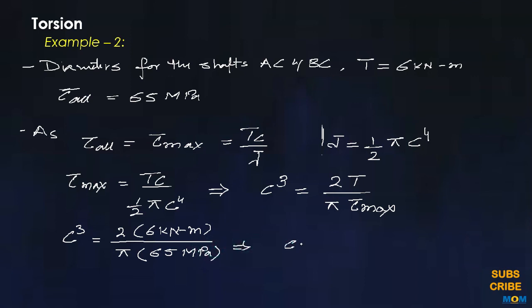Now after solving this, c raised power 3 is going to be 58.8 into 10 raised power minus 6 meter cube.